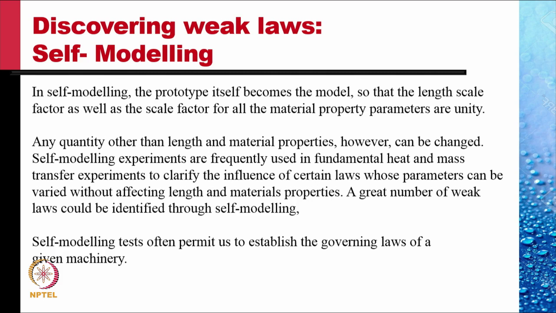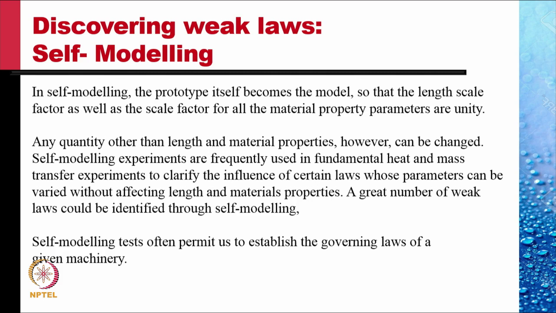Any quantity other than length and the material properties, however, can be changed. Self-modeling experiments are frequently used in fundamental heat and mass transfer experiments to clarify the influence of certain laws whose parameters can be varied without affecting the length and material properties. A great number of weak laws can be identified through self-modeling.